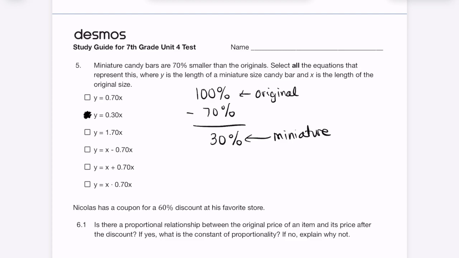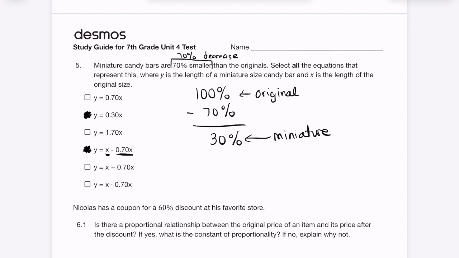If I have a 70% decrease, that means I'm paying 30% of the thing. And then the other equivalent equation is the other way we could do this: we could take the original amount, which is x, and then decrease it by 70% of x, or subtract that away. So we get there.